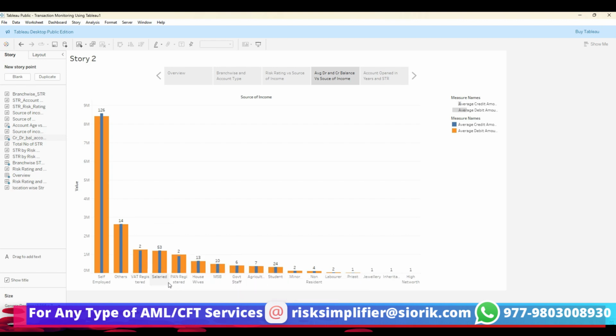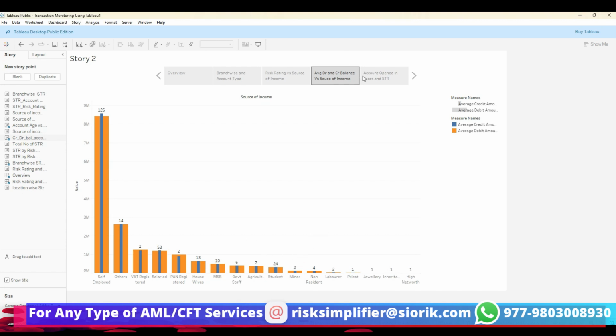Okay, so VAT register, PAN register, these are your corporate accounts. You can see from this chart that we are filing a high number of STRs in retail accounts than corporate accounts. Okay, so that is one major insight that we can derive from this chart.